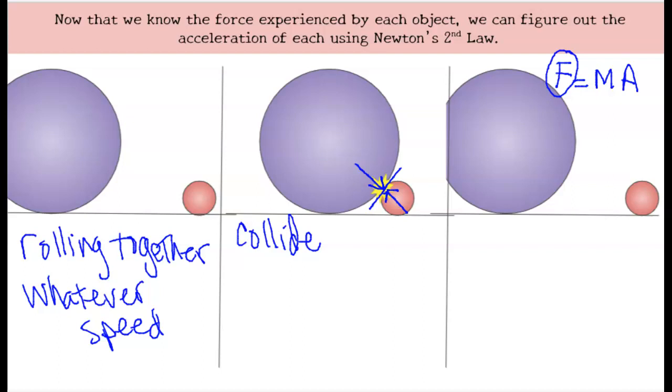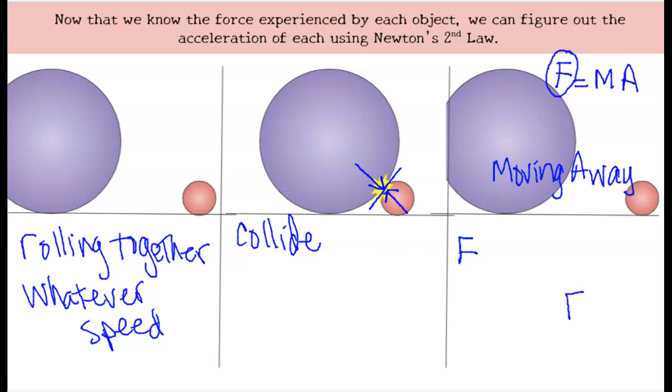So let's see, moving away, I'm just going to write that here. I'm trying to avoid using arrows for speed or direction so that our arrows are only for force. Okay, so they're moving away. The big one. Well, let's do this. So we have the force value, even if it's just relative for the two objects.